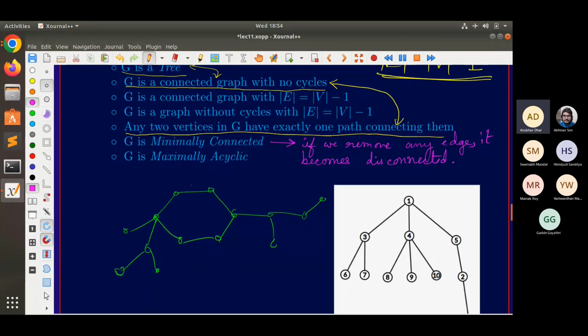Now, if you remove one edge in the cycle, then observe that the graph still remains connected. Why? Because let's say there was a path that used this edge that we removed. Now, what happens if we no longer have the option of traversing this path? Well, we can still move around the cycle and continue with the same path, right?